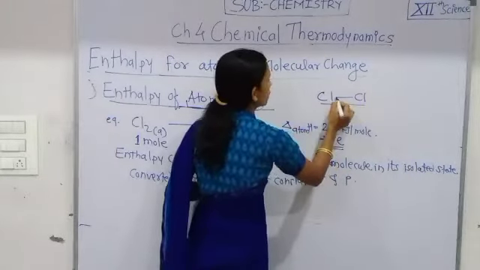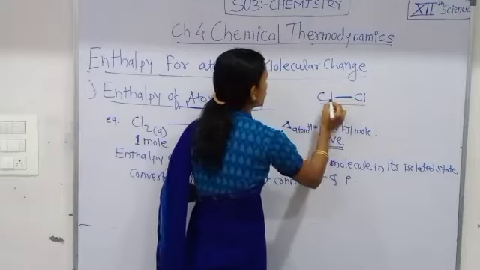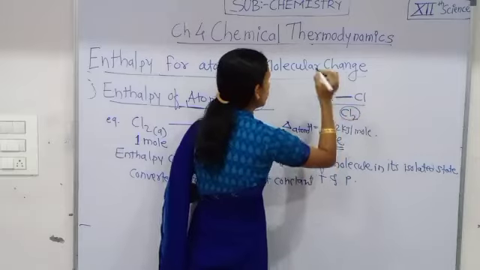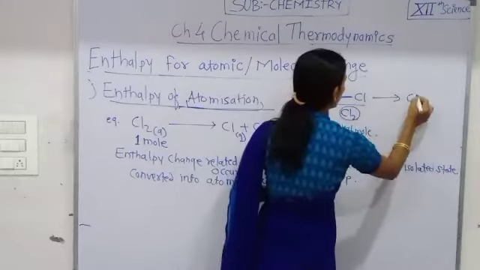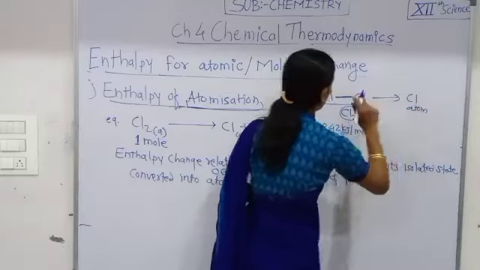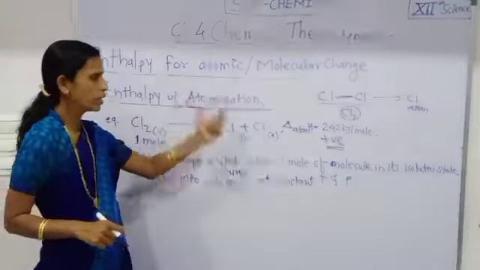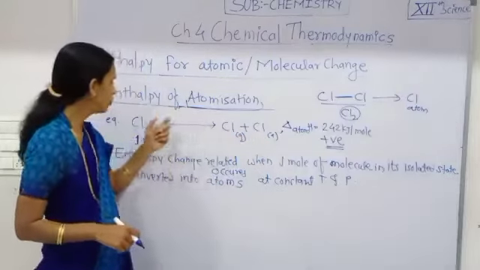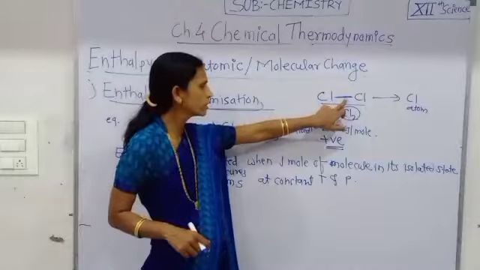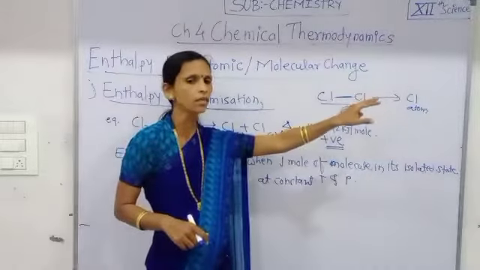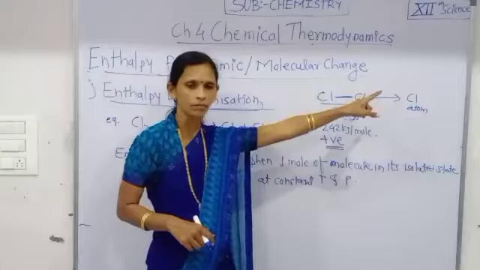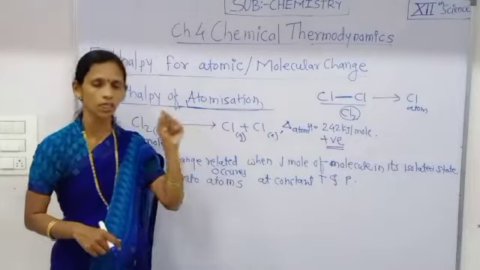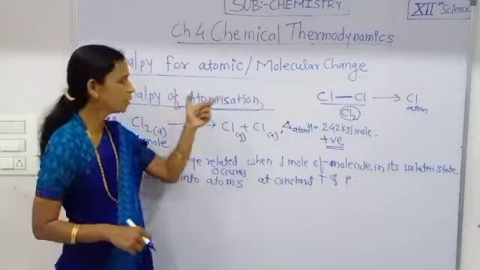That is, the covalent bond present between two Cl atoms in a chlorine molecule must be broken to form chlorine atoms. The enthalpy energy required to break the covalent bond in a molecule to form atoms is called the enthalpy of atomization.